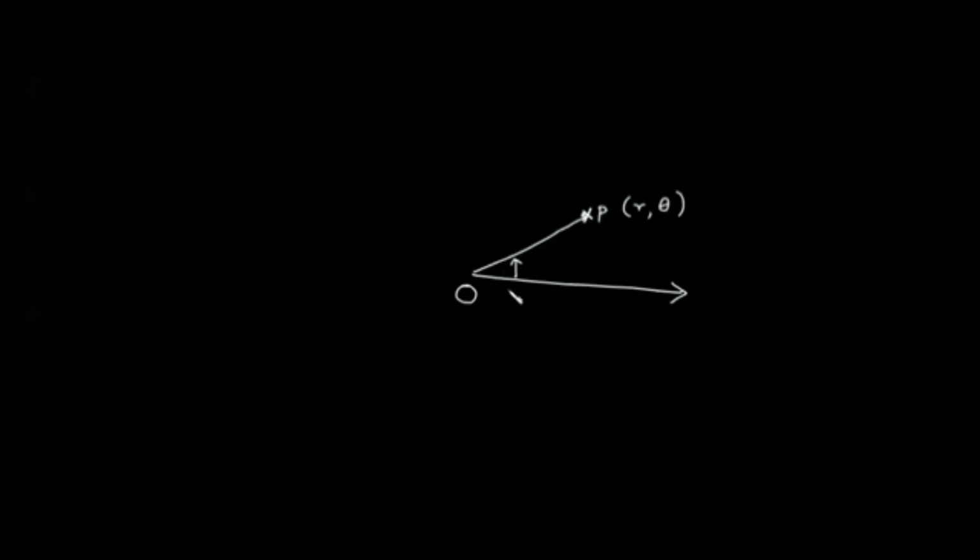Another way: one can take a turn of this much angle, 2 pi minus theta with negative sign, and then the face is toward this line, and one can cover a distance r and reach the point P.